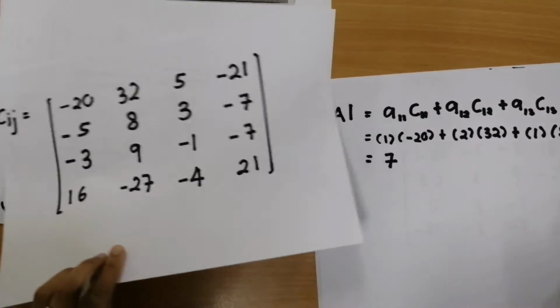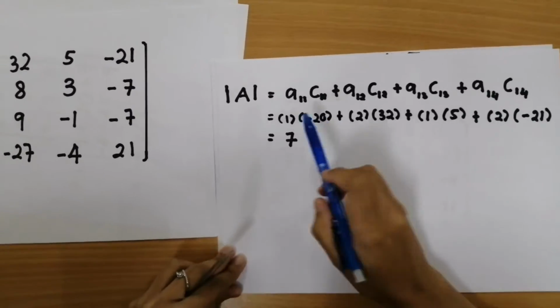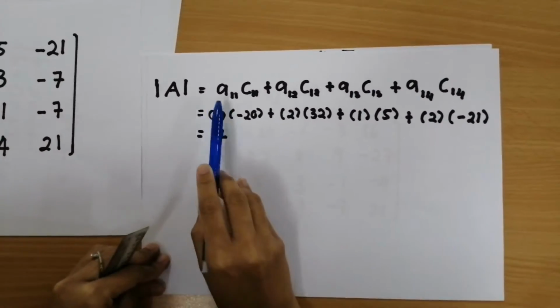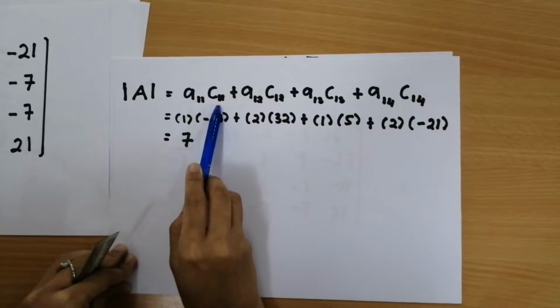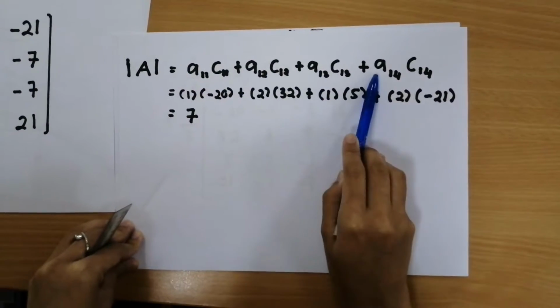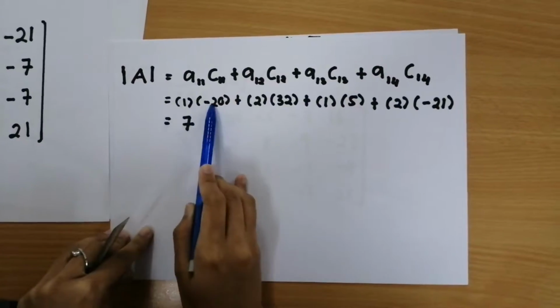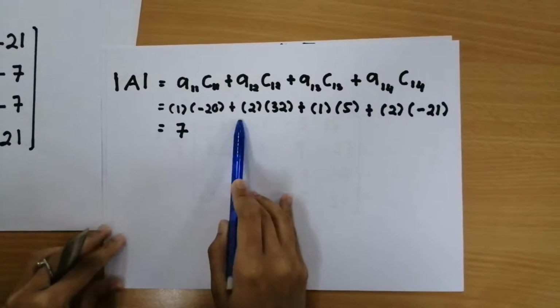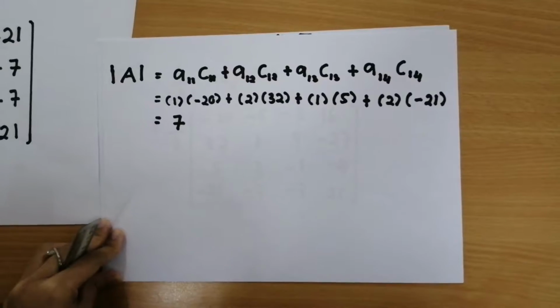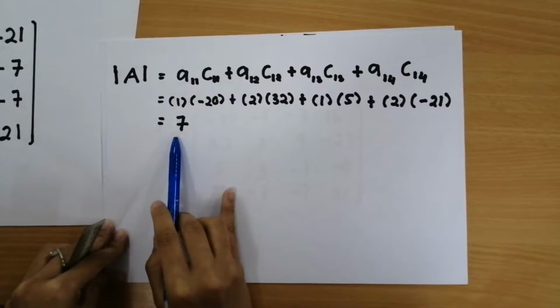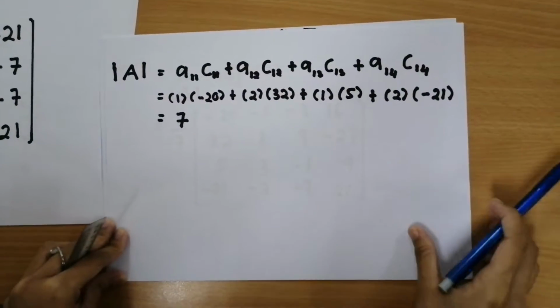Next, we need to find the determinant, for which we use the formula A11 times C11 and so on until A14 times C14. So we just put in the numbers, using the matrix that we found just now, and we get the determinant 7.